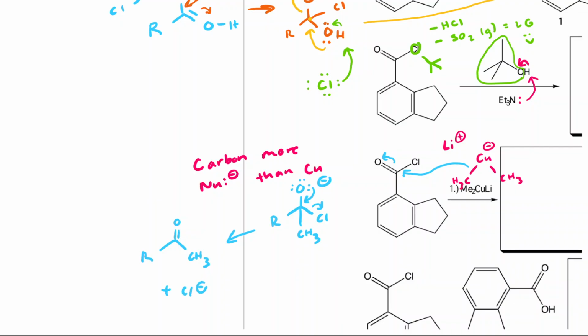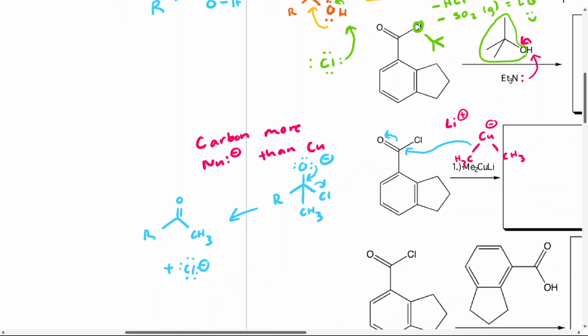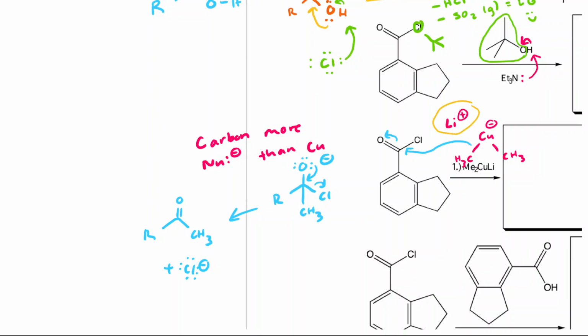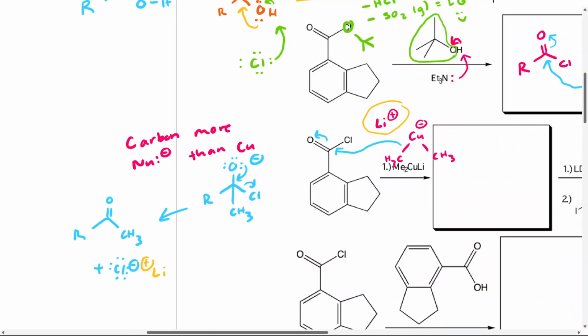Plus Cl minus. But we can have Cl minus in solution because if we look back to our original reagent, we have lithium floating around. And lithium has a positive charge that can neutralize the negative charge of the chloride.